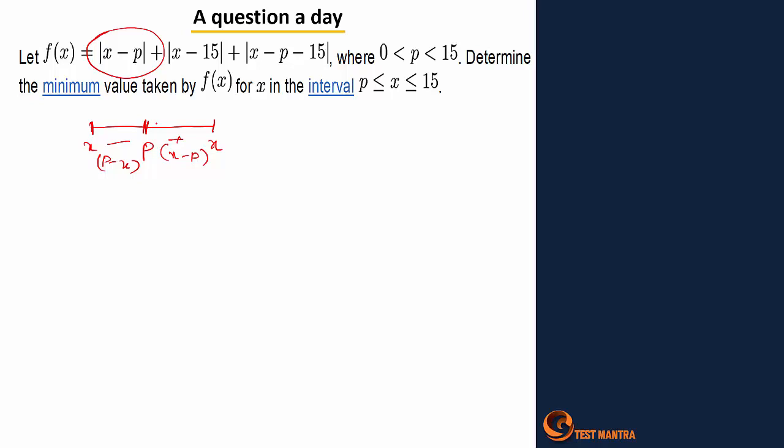Now according to this, I have 3 critical points available. If I draw it on a number line, it's given p is between 0 and 15. So suppose 0 is at this point. The first one is p, assuming p is at this point. Then 15 is greater than p, so let's consider 15 is at this point. And then it's p plus 15 basically, right? So obviously p plus 15 will be on this side.